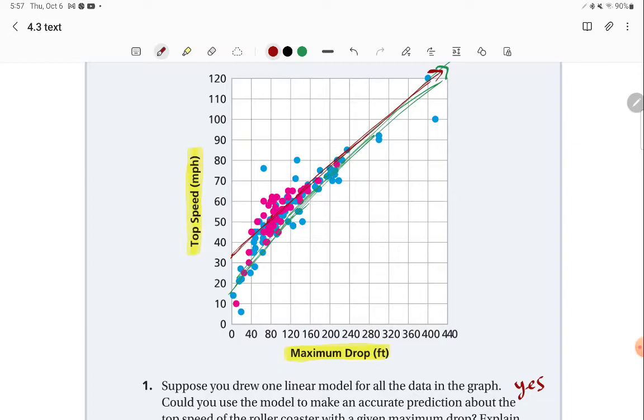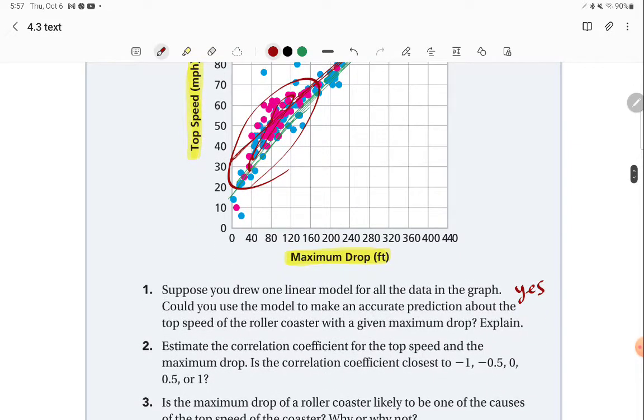Either way, they try to go through the middle, and they accurately depict those data points from beginning to end. Right around in here it's a little bit confusing, it goes up a little bit, but it is a linear relationship. We can obviously see that. So yes, we could create a linear model to help us predict that.